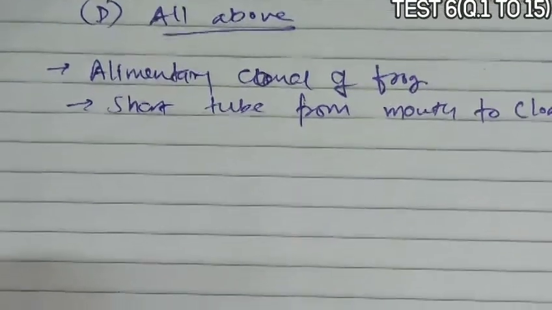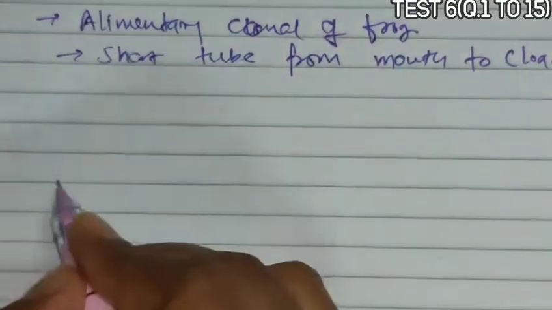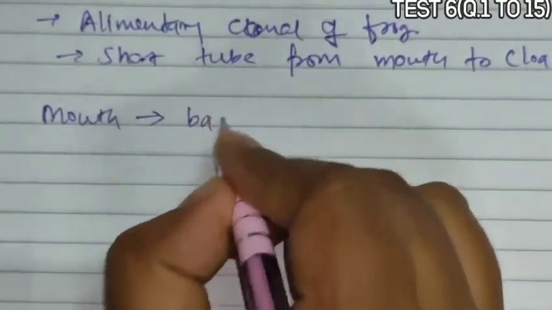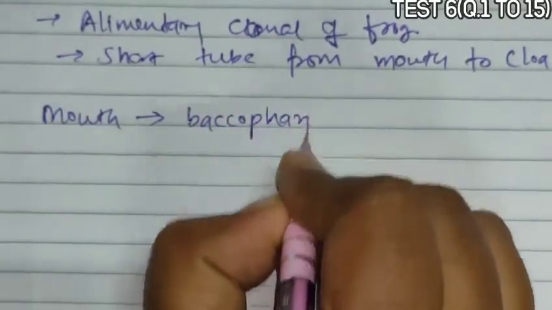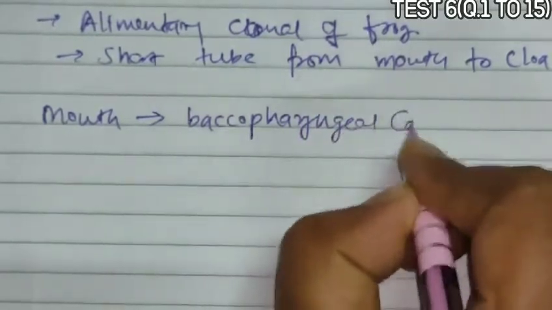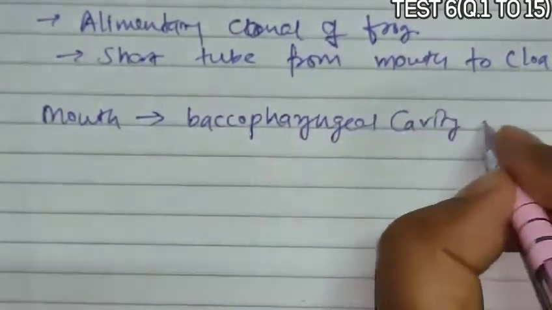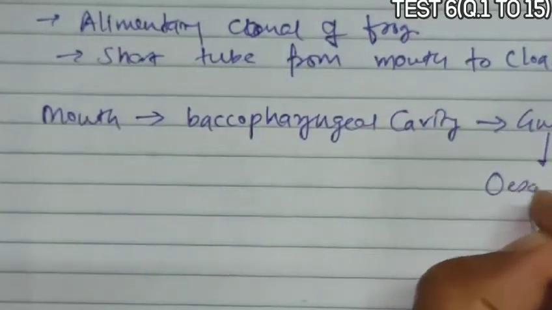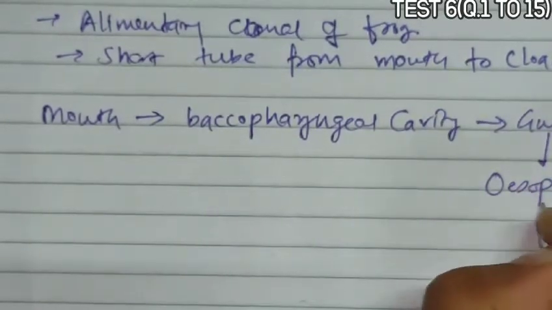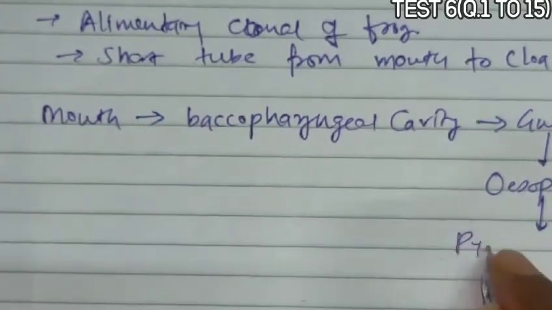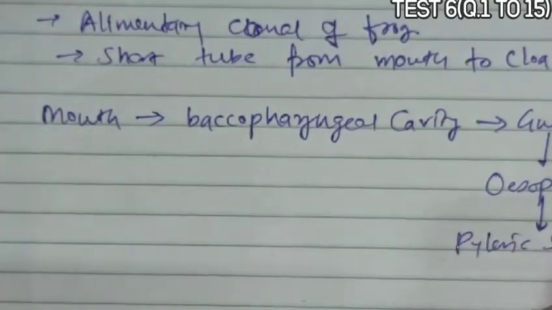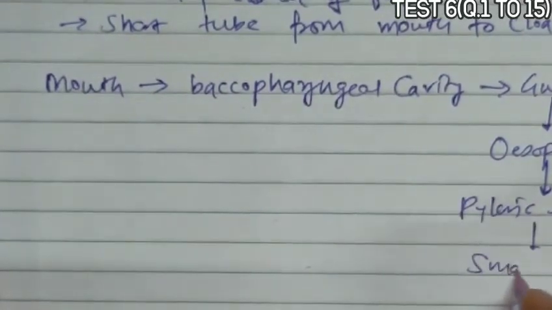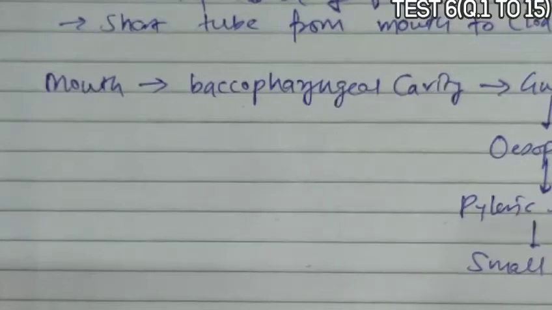If you see here, there is a mouth, then the mouth is followed by buccopharyngeal cavity, followed by gullet, then esophagus, then pyloric stomach, then small intestine.